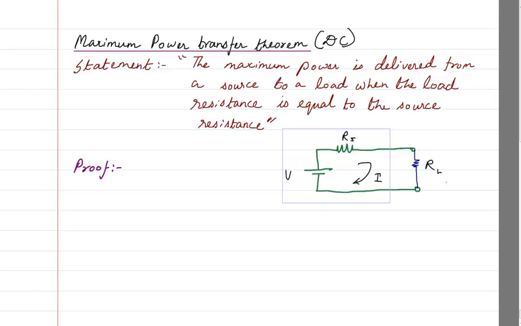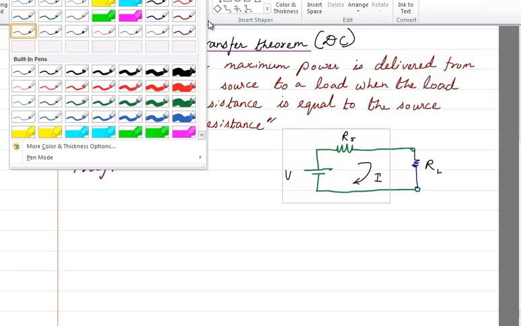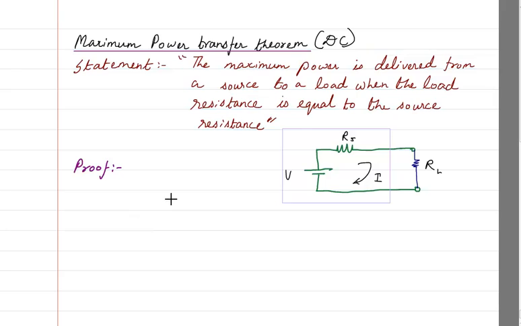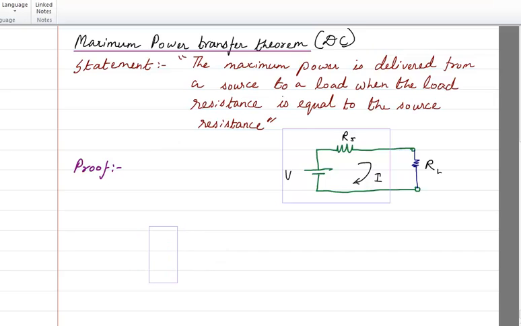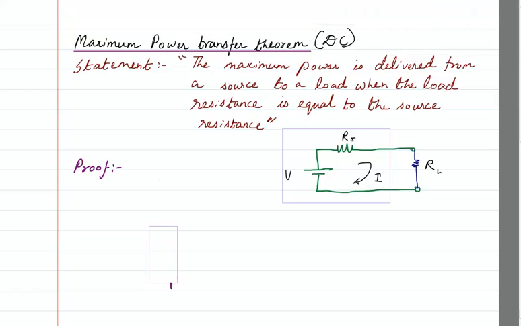Now, generally maximum power transfer theorem, you will use it in many different places. Just to give you a simple example, you all might be interested to listen to music, isn't it? So suppose I am having a smartphone from which I am trying to listen to music.